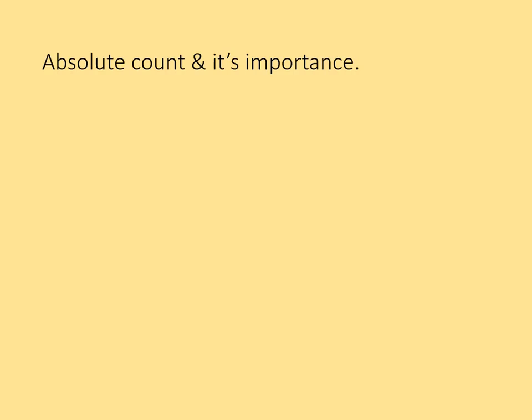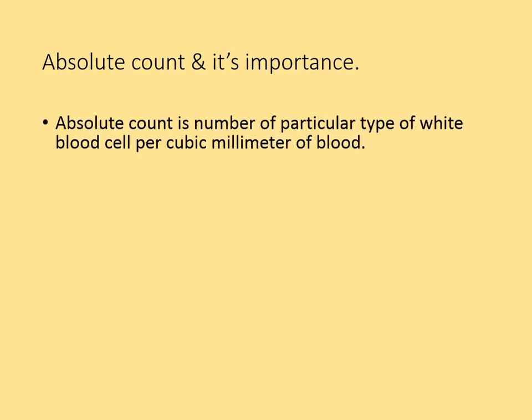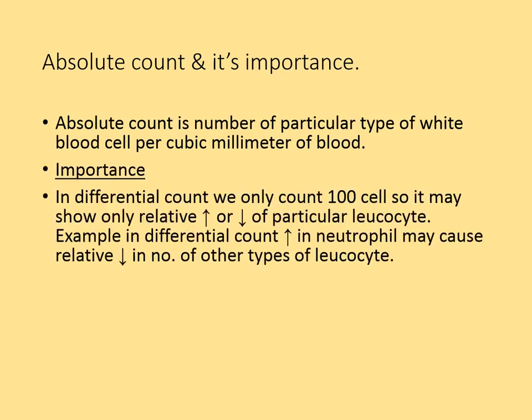Absolute count and its importance. Absolute count is the number of a particular type of leukocyte or white blood cell per cubic millimeter of blood. Importance: in differential count, we only count 100 cells, so it may show only relative increase or decrease of a particular leukocyte.